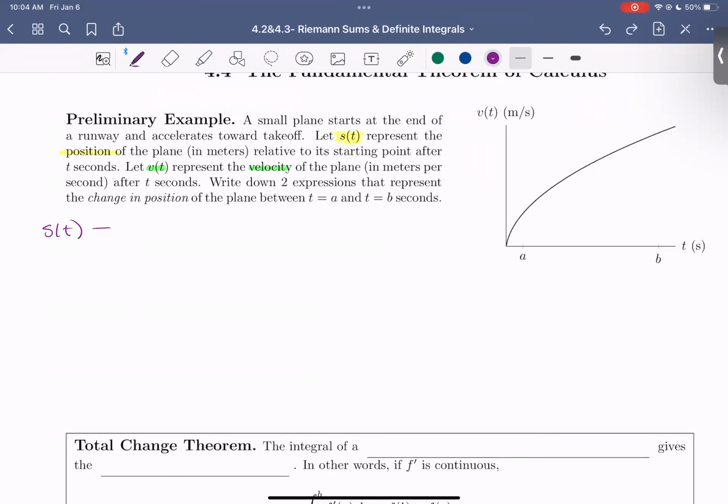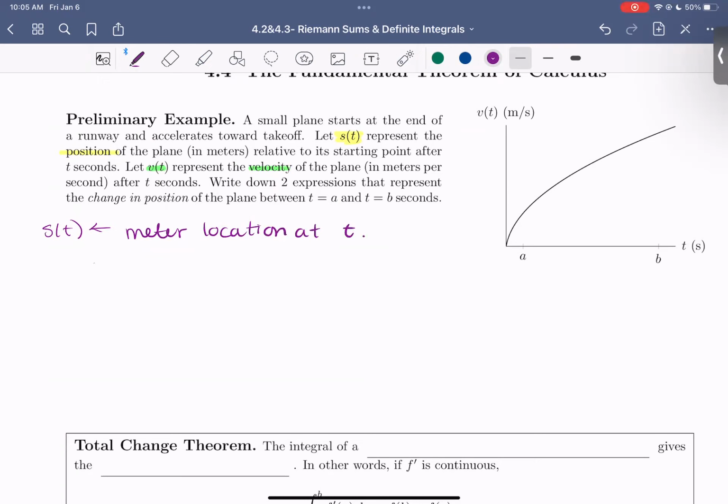what? It tells us our position after t seconds, so it tells us how many meters we've traveled, or how many meters we are located. We'll say that instead. Meter location at t.